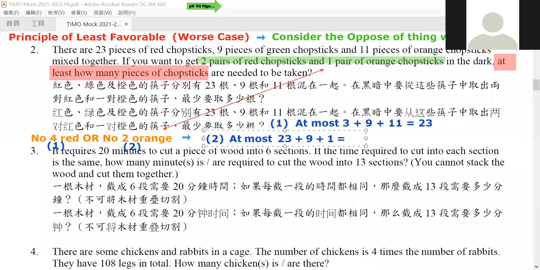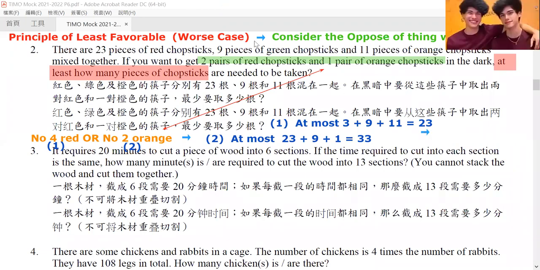So combined it will be 33. So if you want our orange condition to happen, you can take at most 23 or at most 33. So what's the largest of it? Of course, it's 34. Yes, it's 34, because it says 1 pair of orange chopsticks.